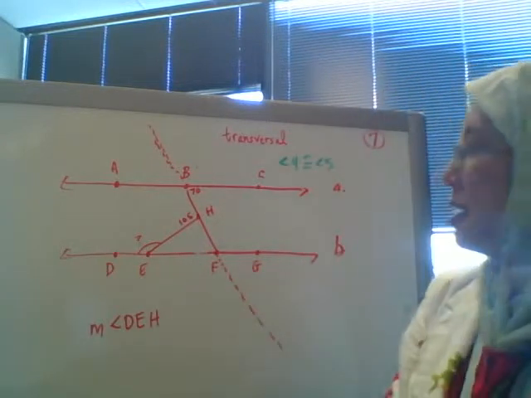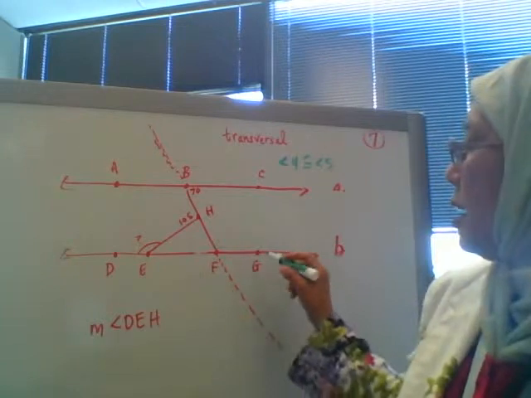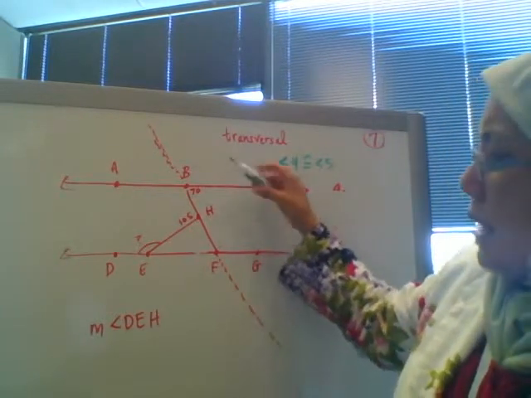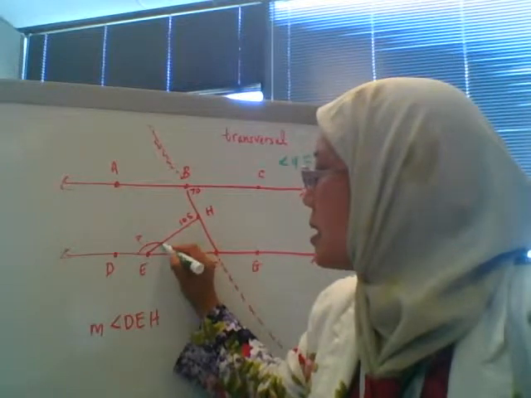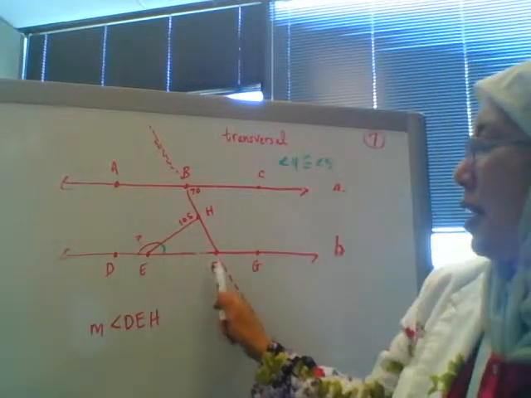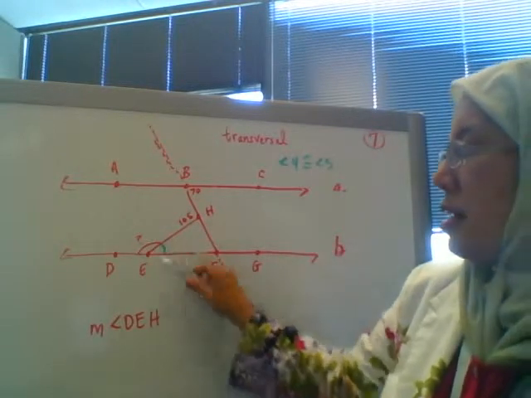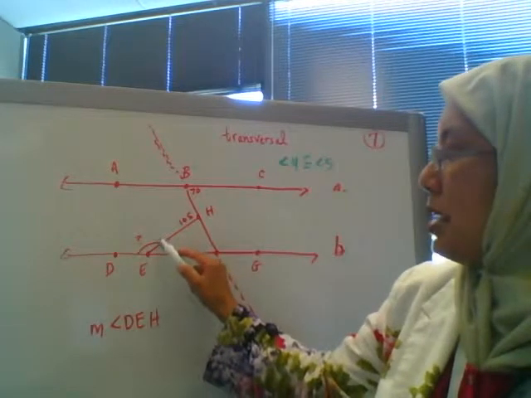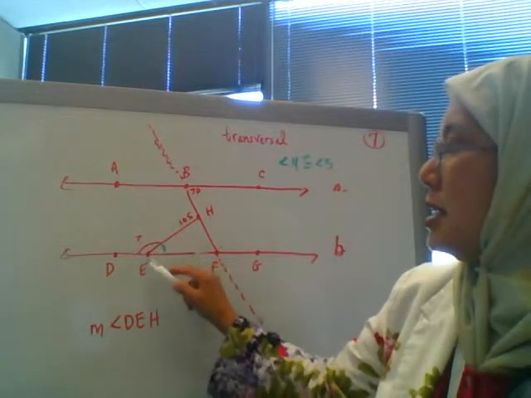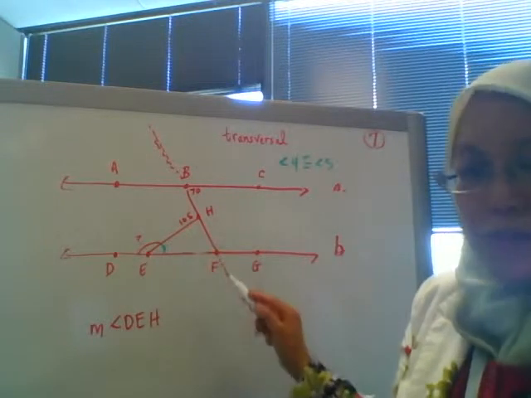Given that, as I mentioned in the solutions that I typed up, if we find out what FEH is, then we can subtract it from 180 to get the remainder of DEH, because these two angles are on a line, so they're supplementary.